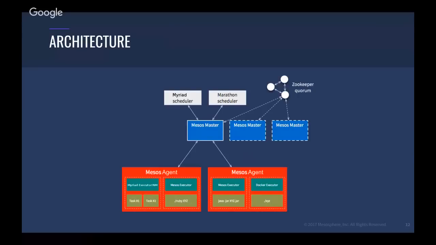And this is a more technical slide on how the Mesos architecture works. We have Mesos agents, and Mesos agents are just for starting and operating tasks. So there's no management logic on these kinds of nodes. And we have Mesos master nodes, which are only for managing.